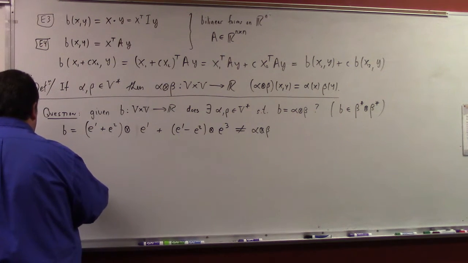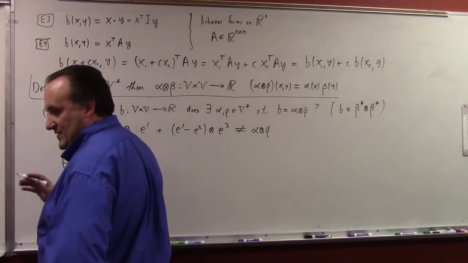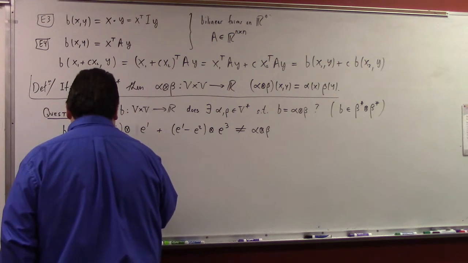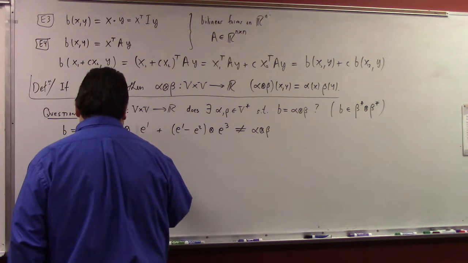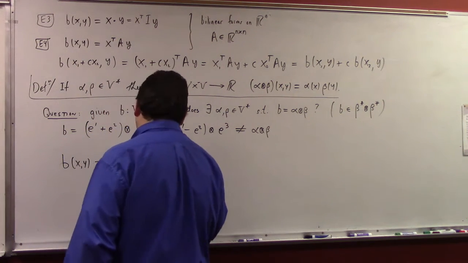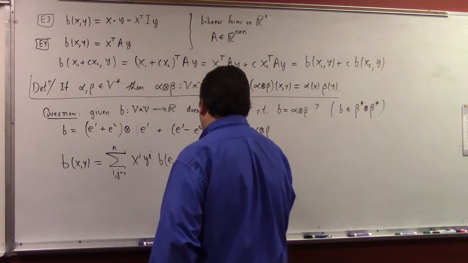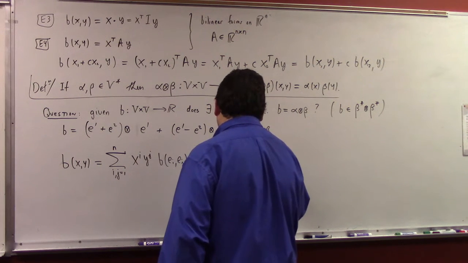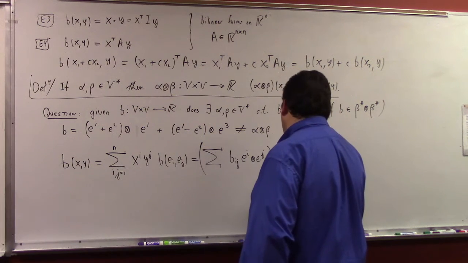Forget about the symmetric for a second, just a bilinear map on V. B of x, y is the sum over i and j equals 1 to n of x upper i, y upper j, B of e_i, e_j. Which we could rewrite as the sum of b_ij, e^i tensor e^j acting on x, y.